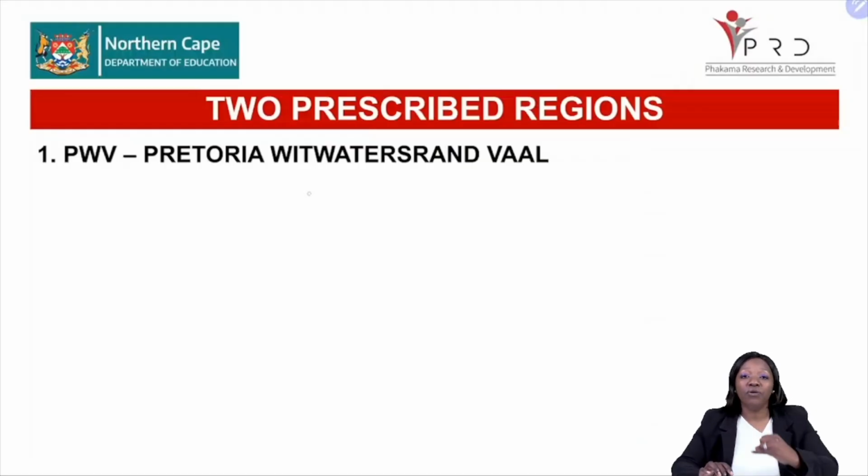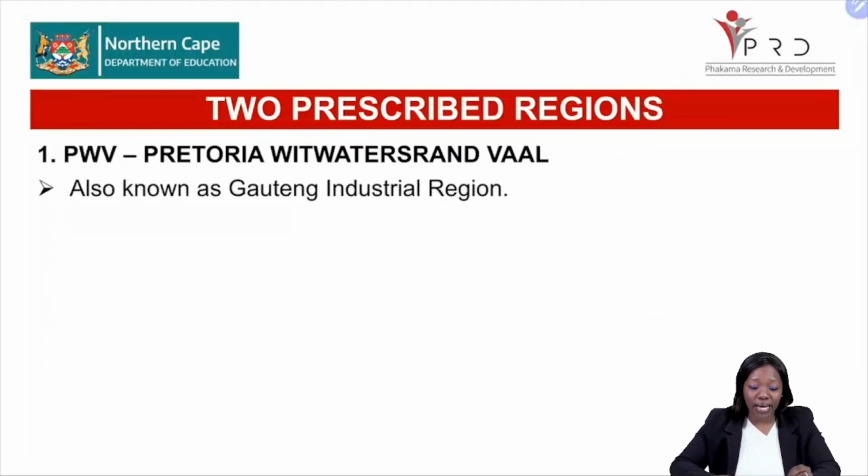So your PWV is one of the prescribed regions for this year, which means you need to know this region thoroughly. We've already indicated that it is located in Gauteng. For 1 mark, they can say, what does PWV stand for? So by now you should start practicing your Pretoria, Witwatersrand, Vaal, or Pretoria, Witwatersrand, Vereeniging.